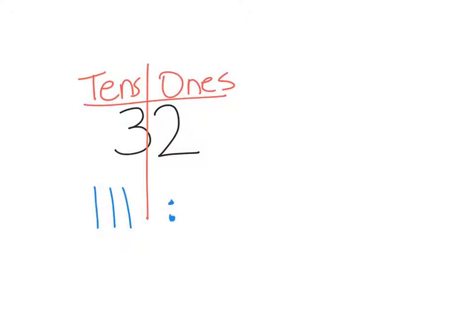If I ask you to identify what 10 more looks like, all you need to think about is drawing one more 10. So you'll take where your 10 is at now, like here. What would the number become if you added one more 10?